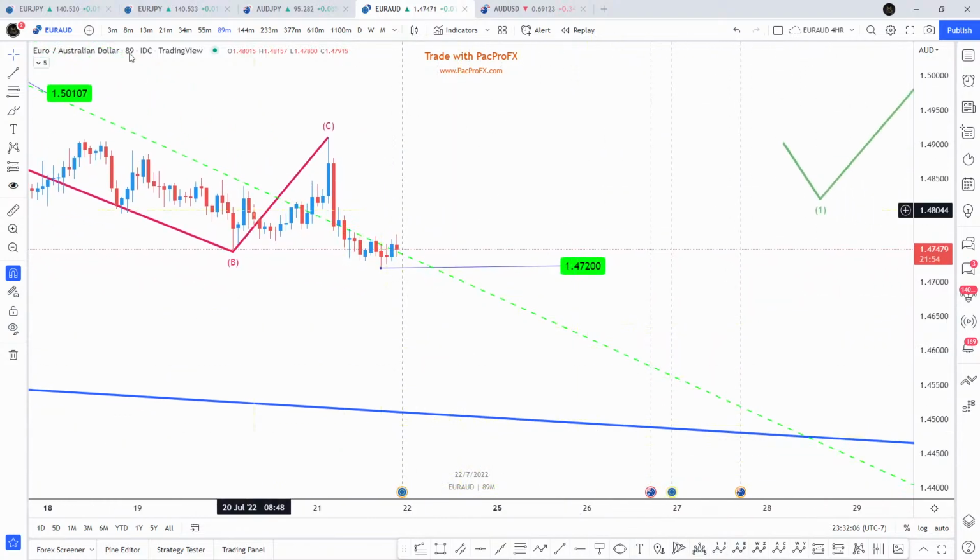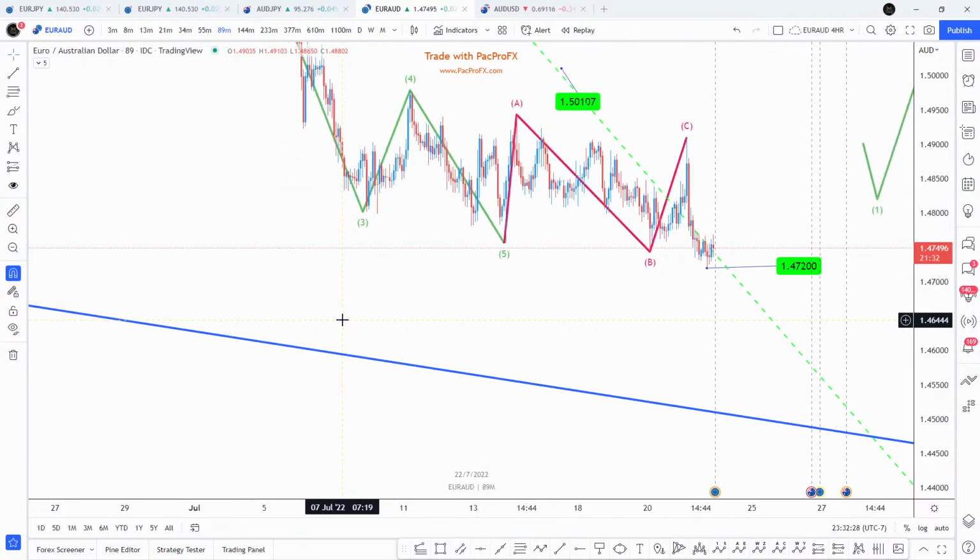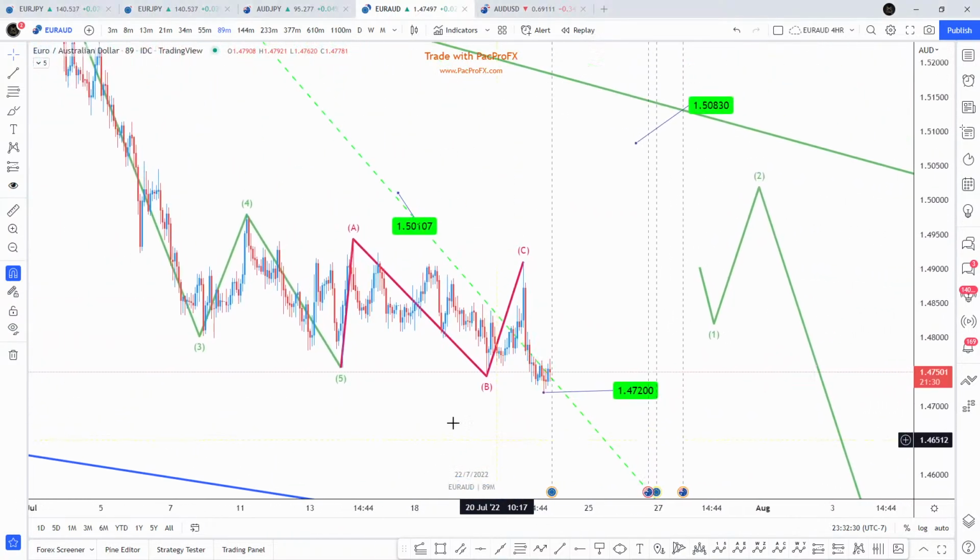So this may end up being a 1, a 2, and then a 3, 4, 5. So I think it's going to be doing that. Can't believe it's going down more, but it is. Only if it does a complex correction, and it can, because there's a lot of ABC patterns in here.